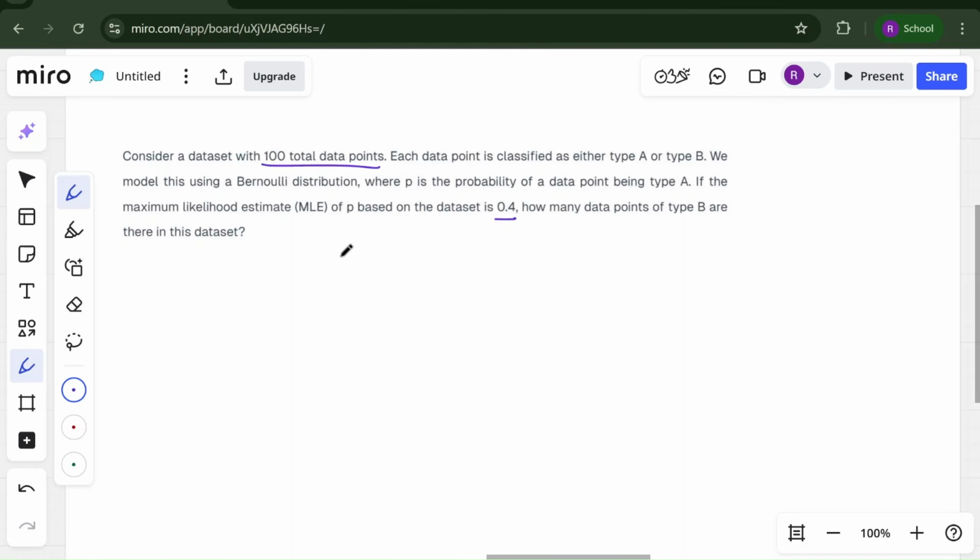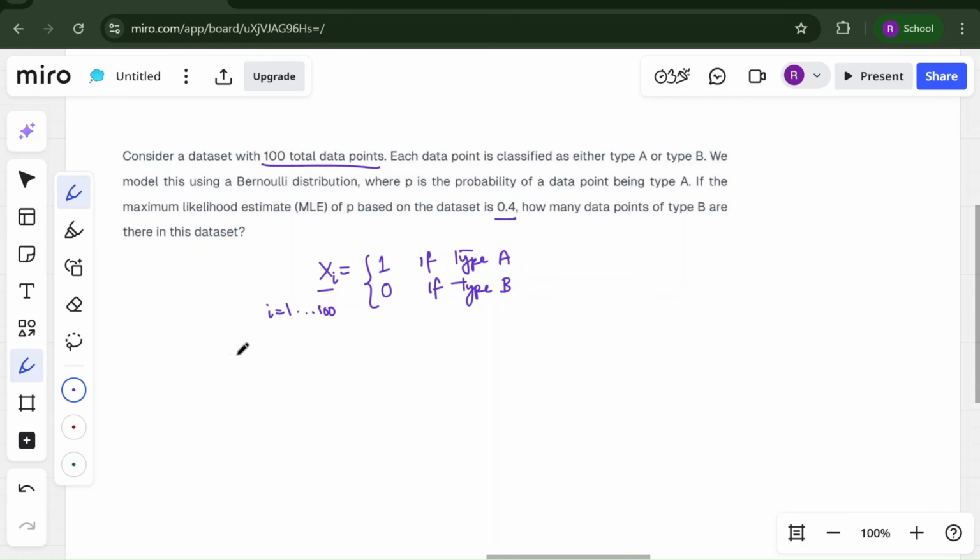So let me write it like this. Xi is equal to 1 if the data point is of type A, and it is 0 if it is of type B. And there are random variables Xi where i running from 1 to 100.